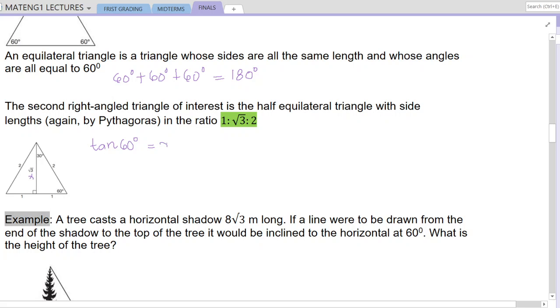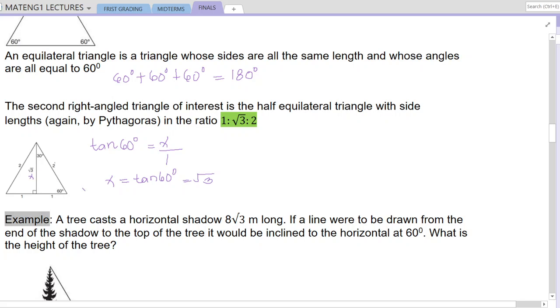So x all over, tangent is TOA, opposite over adjacent. Opposite there is x and adjacent there is 1. To get the value of x, that is equal to tangent of 60 degrees, and tangent of 60 degrees is equal to the square root of 3.